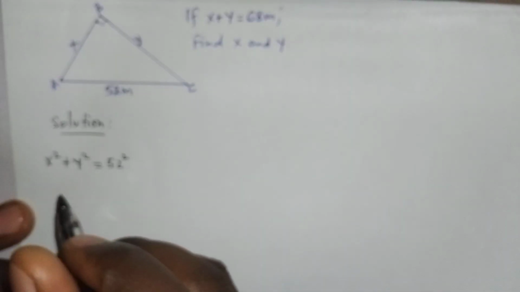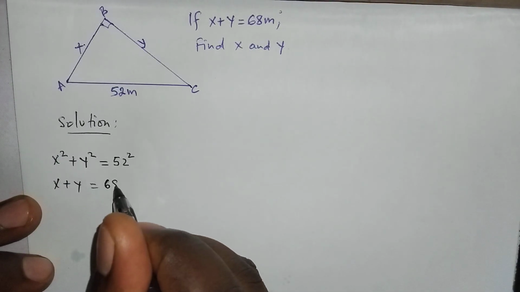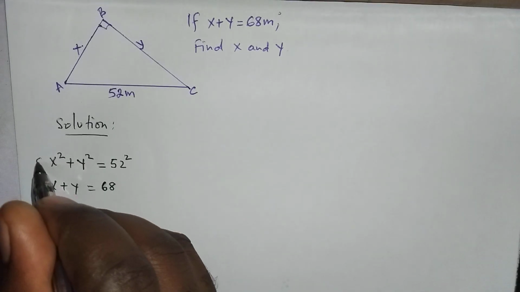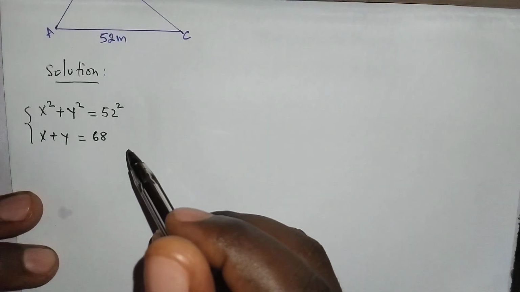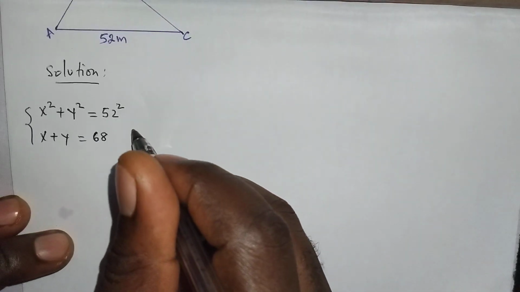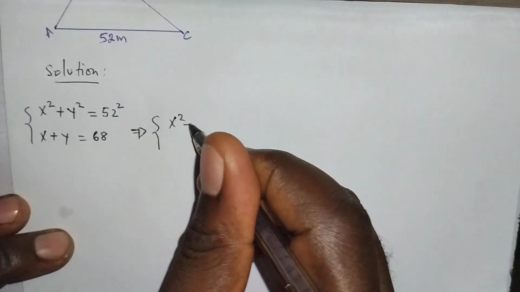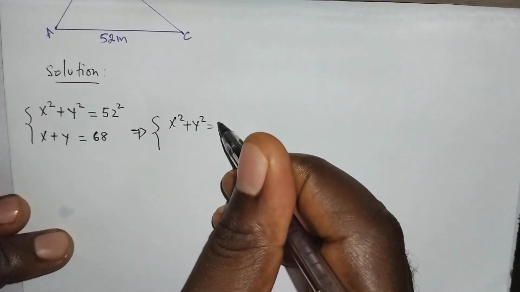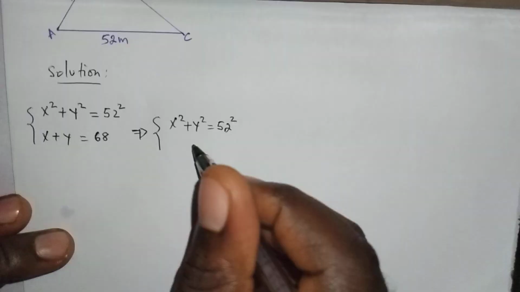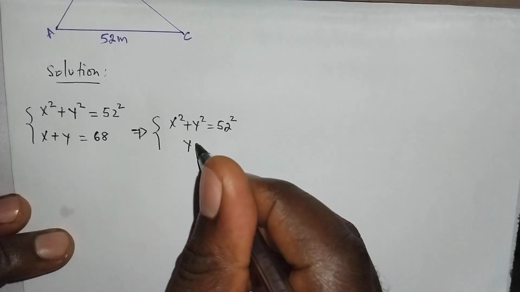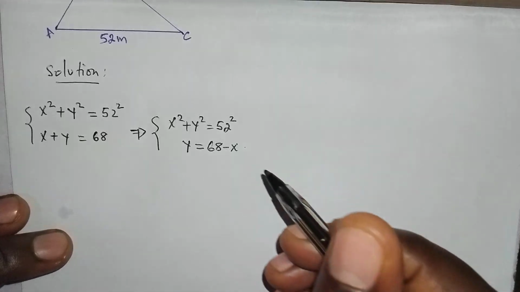And we know that x plus y is equal to 68. So this is a simultaneous equation. So from here I can find x square plus y square, which is equal to 52 square. And here we can find y is equal to 68 minus x.